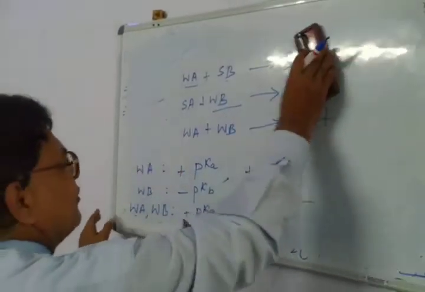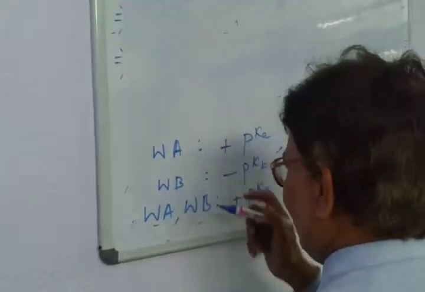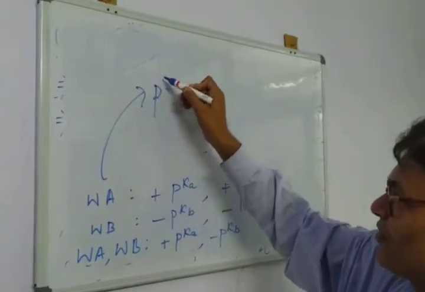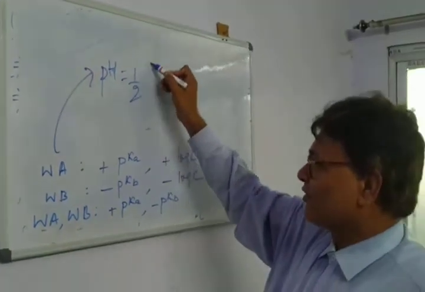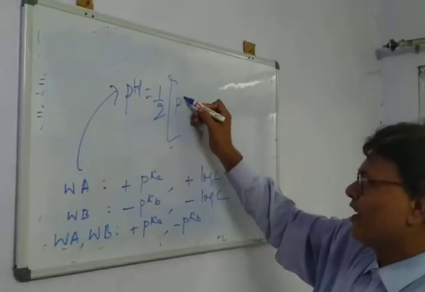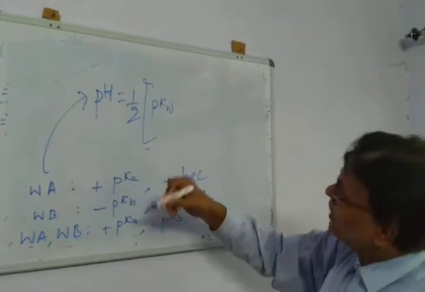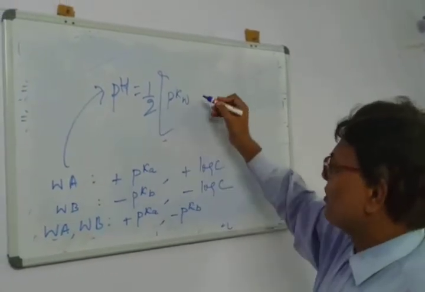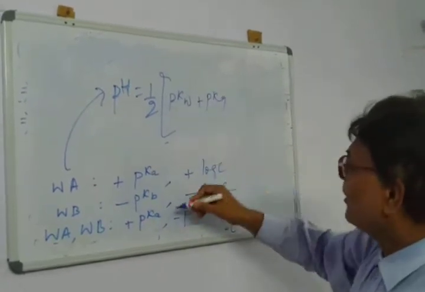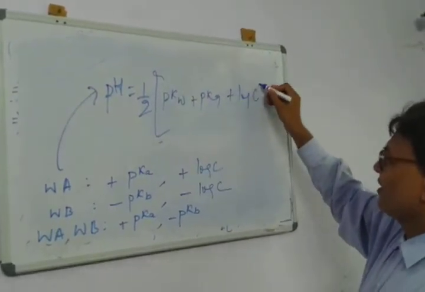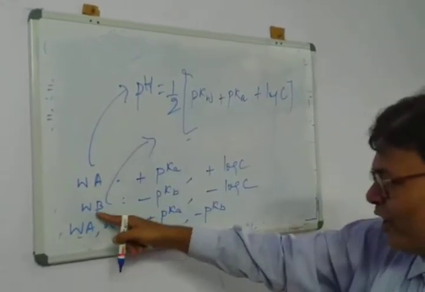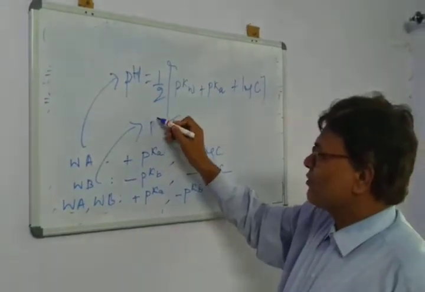Therefore for this case, that is weak acid and strong base, the expression for pH will be equal to half, this is common, half pKw in all these three cases. Same. Okay, this is weak acid, what we have to write? Plus pKa, this is plus log C. Clear? pKa.